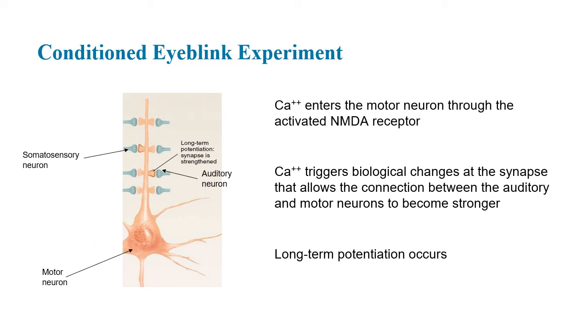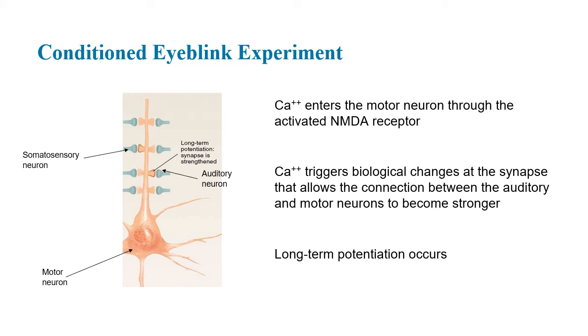Which gets us to the calcium that's entering through the activated NMDA receptor. And the calcium is then causing biological changes in the synapse that allows the connections to become stronger. The calcium that's going in is basically changing the postsynaptic neuron. The calcium isn't going in to change the polarization of the postsynaptic neuron.